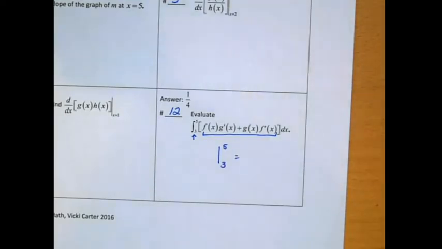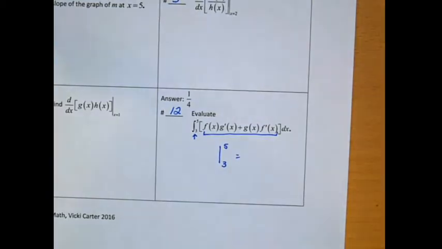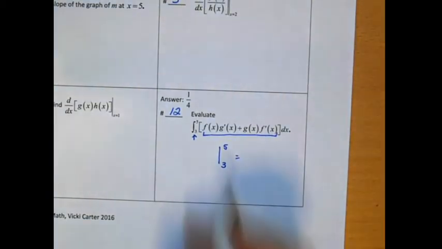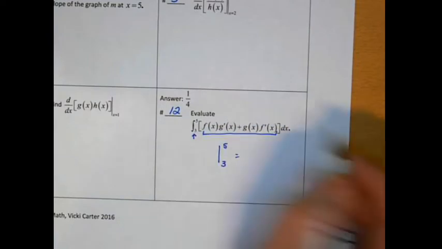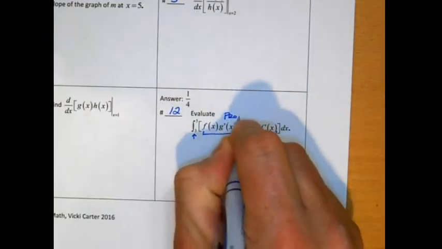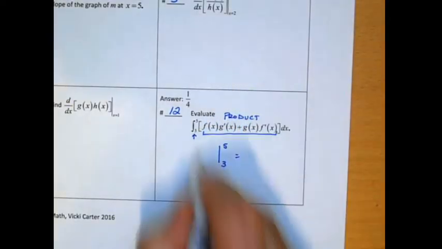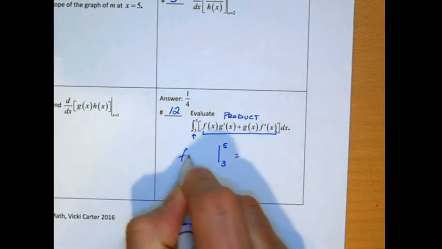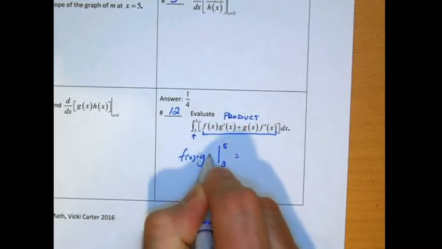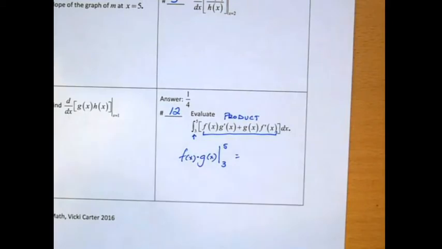If we have a function times the derivative of a second function plus the second function times the derivative of the first, that looks like the product rule. So the product rule would be the two functions, f of x and g of x, and we're going to multiply those two together.